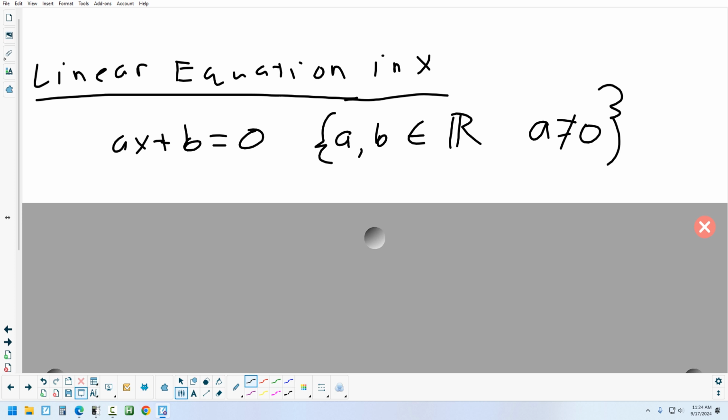If you made a 0, and you put in 0 times x, what is 0 times x? 0. It would effectively wipe out that first term, and you wouldn't have it anymore. And that would not be linear, according to the definition in the book. But other than that, a and b can be any other real numbers that you want.